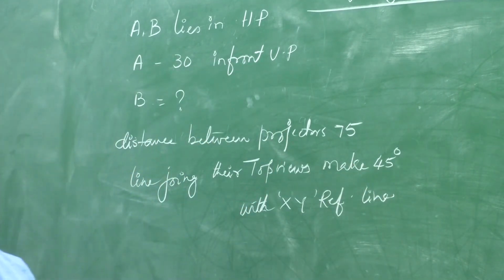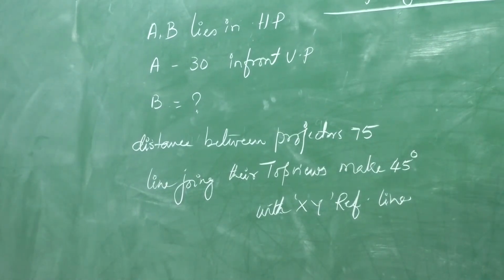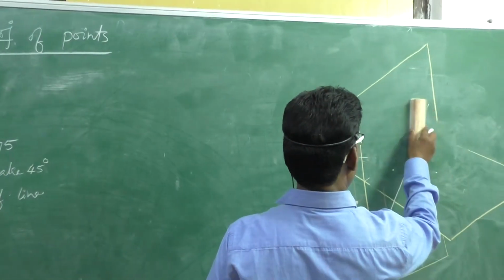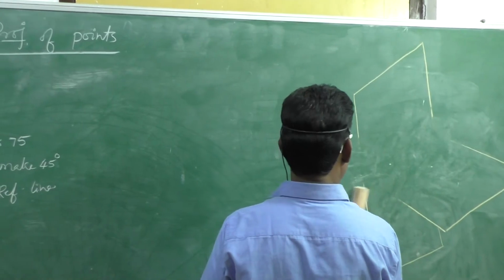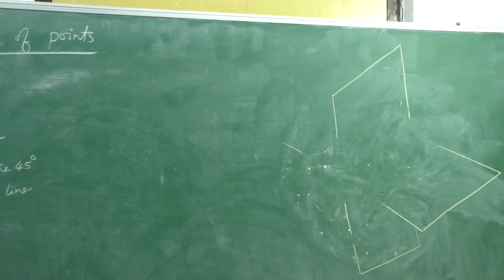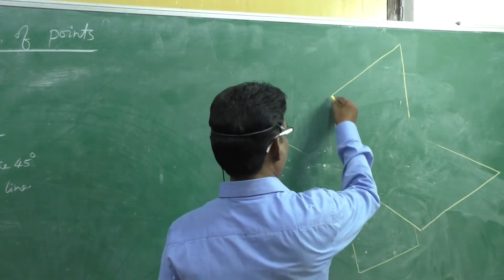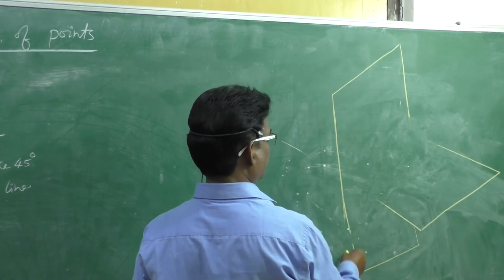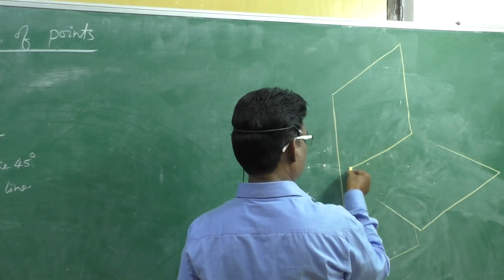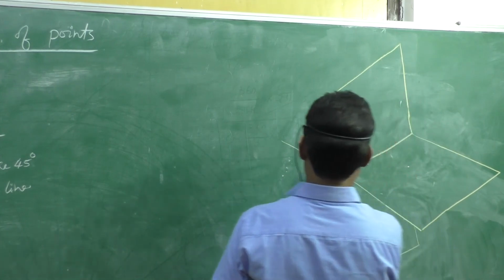Now try to imagine the same thing on the principal planes. This is the vertical plane. This is the horizontal plane.